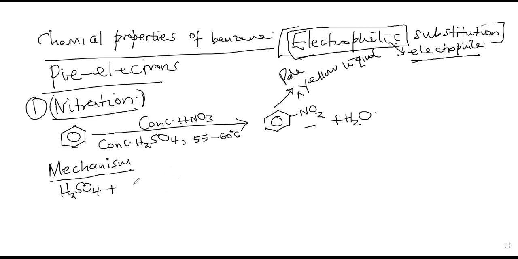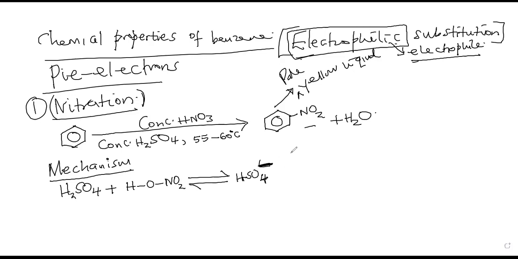Okay, so what happens is the nitric acid, I'm going to write it in a simpler way for you to understand, as HONO2. So during protonation, because protonation will involve one proton getting to this nitric acid, the hydrogens in sulfuric acid are going to be reduced by one. So I will be left with the hydrogen sulfate ion, HSO4 minus.